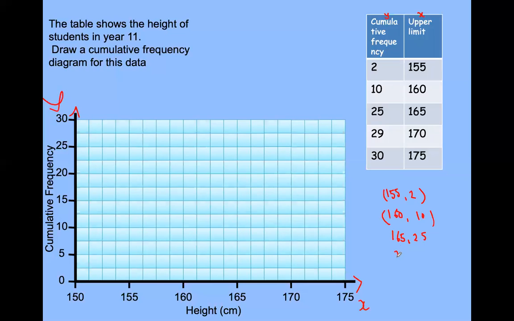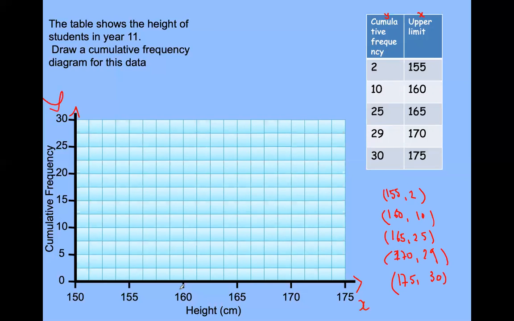Okay, (170, 29). Put this in brackets. So x first, okay? And then (175, 30). Just like that. Okay? And now you plot those points on the graph.